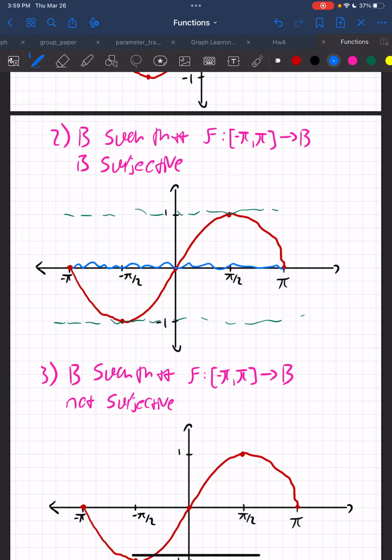And it's going to take every value in between 1 and negative 1 on this particular domain. So when B is [-1, 1], f is surjective.